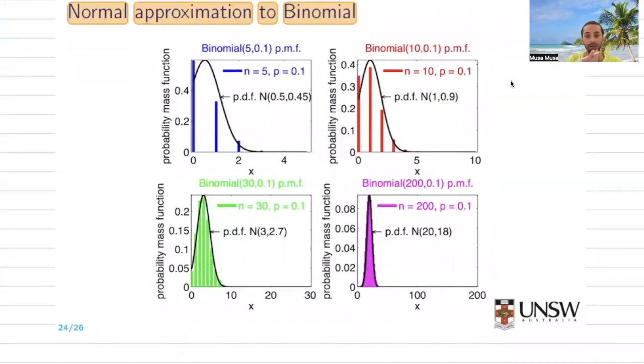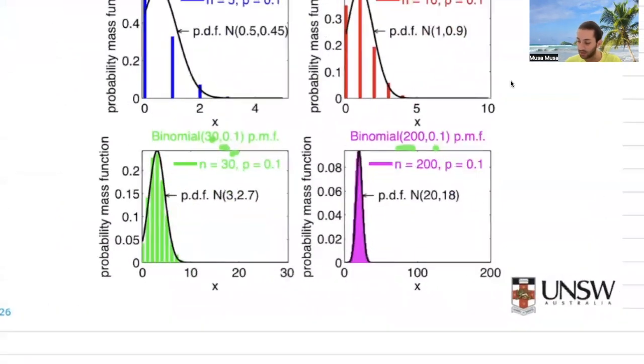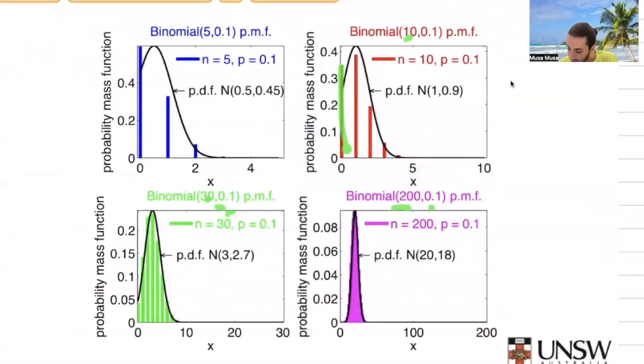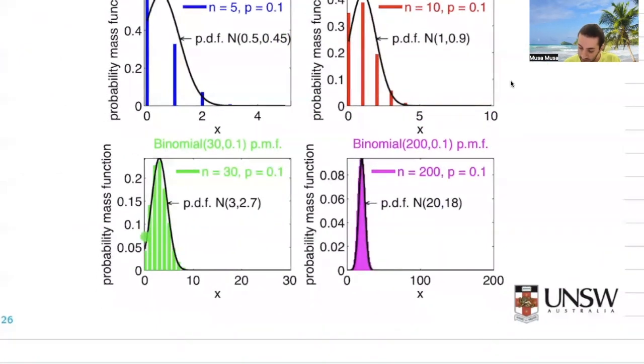But what you can tell is, as you increase the number of trials, so you go from 5 to 10, then from 10 to 30, then from 30 to 200, keeping the same probabilities, these bars start to look like the normal distribution, don't they? Maybe not this one as much, but still, it's reasonable. This one a lot more, and this one very much so.